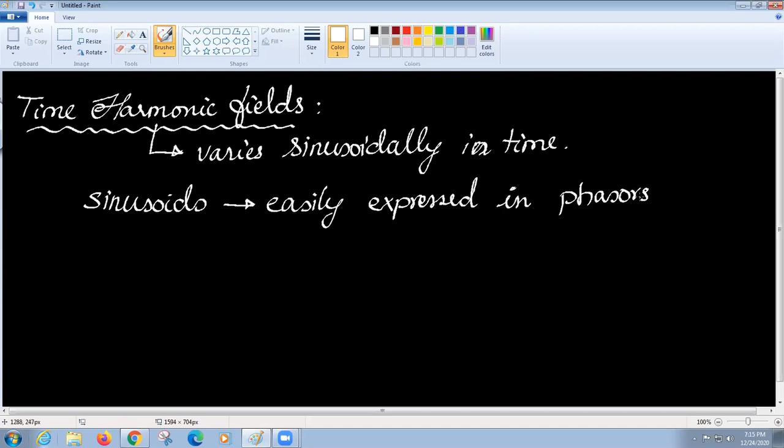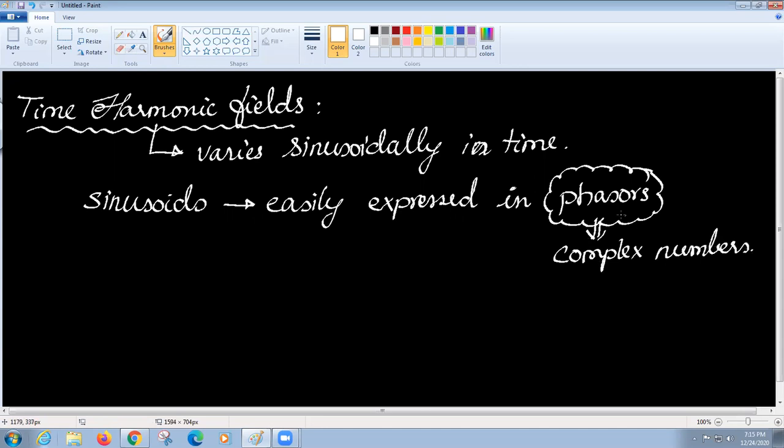This is a brilliant concept. Whenever I say a phasor, you know, algebra with complex numbers is easier than with sinusoids. So phasors are simply complex numbers. In elementary language, you would say phasors are something like rotating vectors.